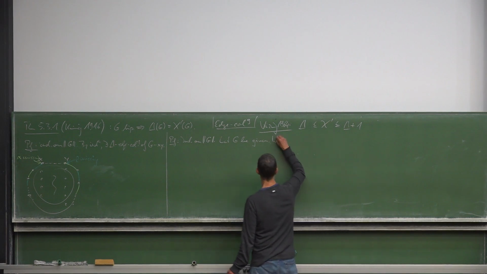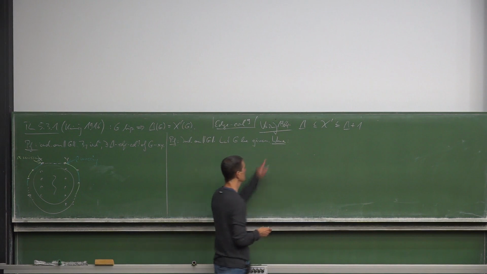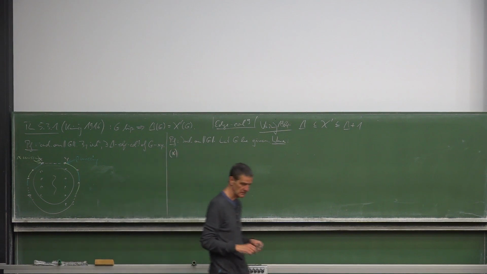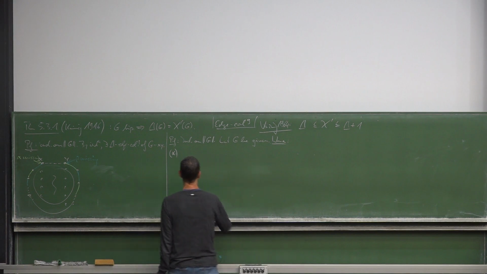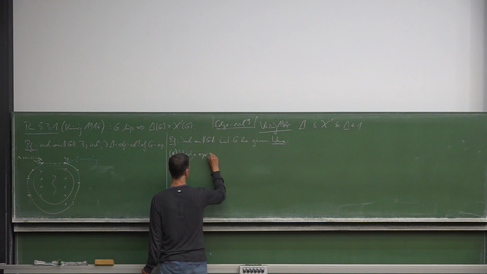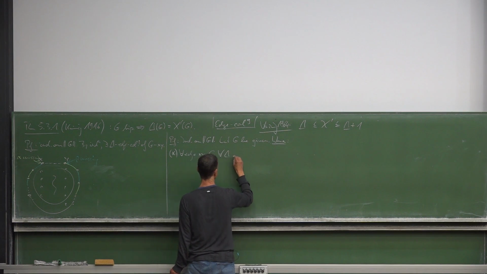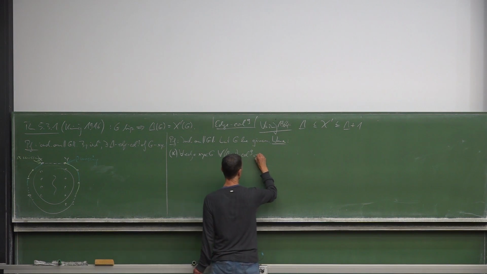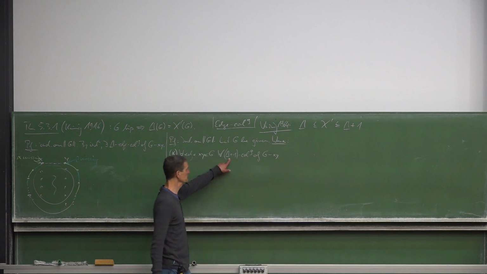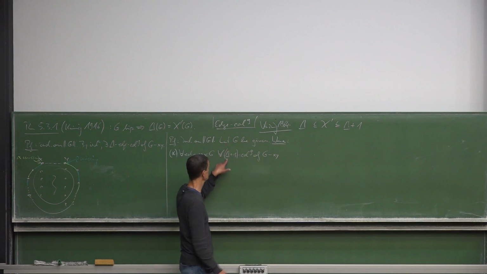We may assume, for every edge xy of G, and for every delta plus 1 coloring of G minus xy, and as before in König's proof, this delta is our delta, it's delta of G.